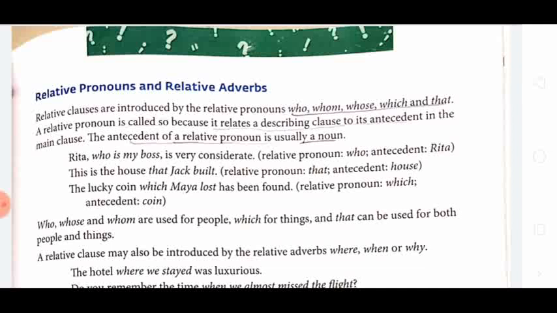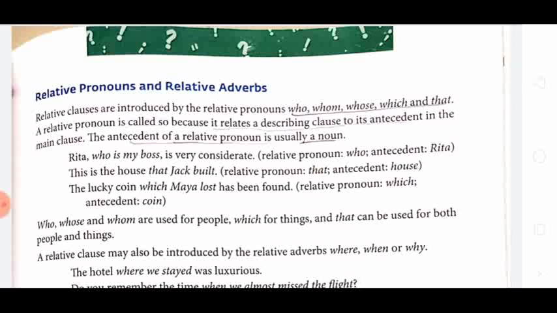This main concept must be clear in your mind: what is an adverb? An adverb is a word which adds something to the action or the verb. And pronouns are words that come in the place of a noun. Relative clauses are introduced by relative pronouns: who, whom, whose, which, and that.